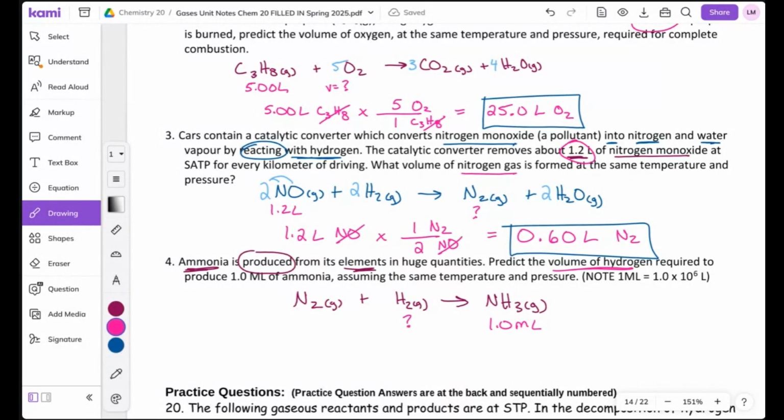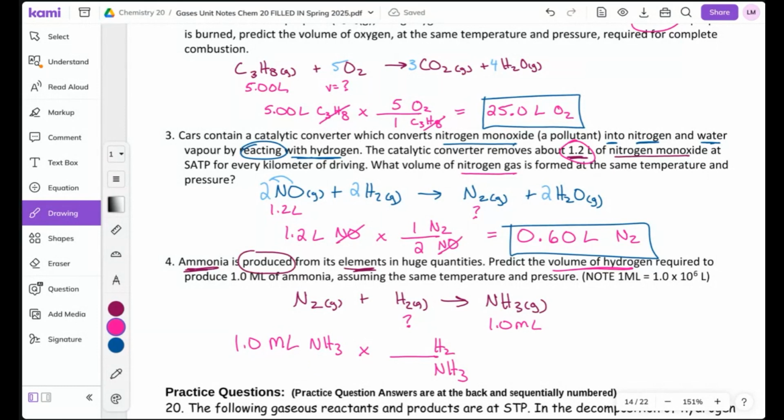All right, so since we're asked to predict the volume of hydrogen, this is the one we don't know. So start off with the megaliters of ammonia and then do our mole ratio. So we want to cancel out ammonia, so I got to put it in the bottom because it's in the top. And then we want to figure out what hydrogen is, so I got to put that in the numerator.